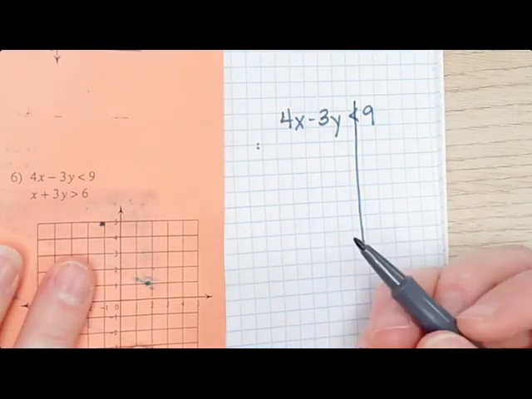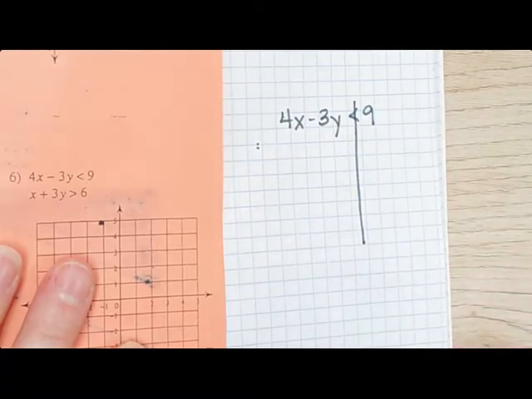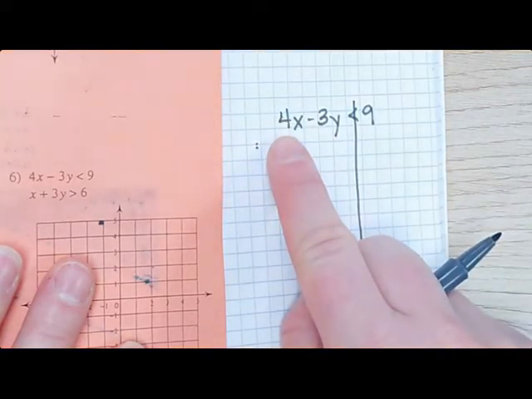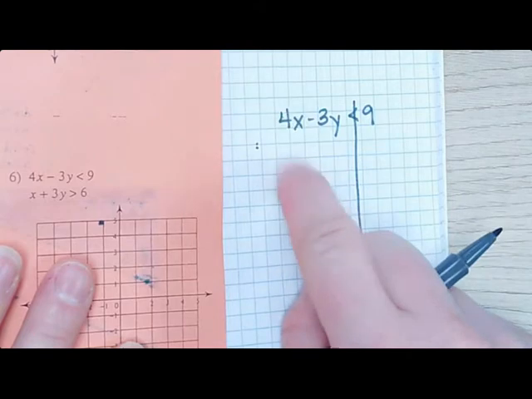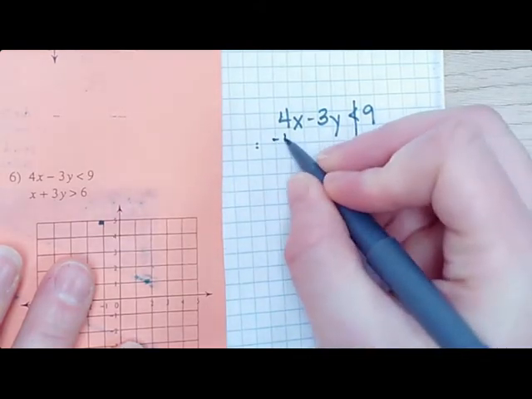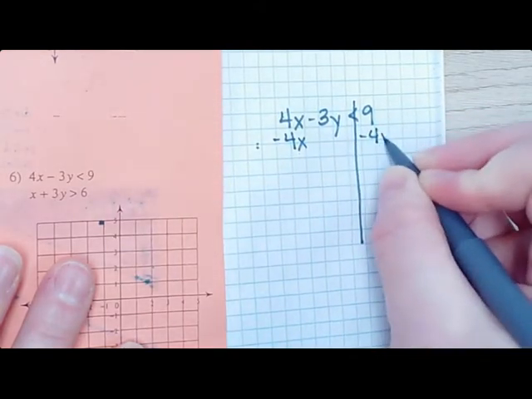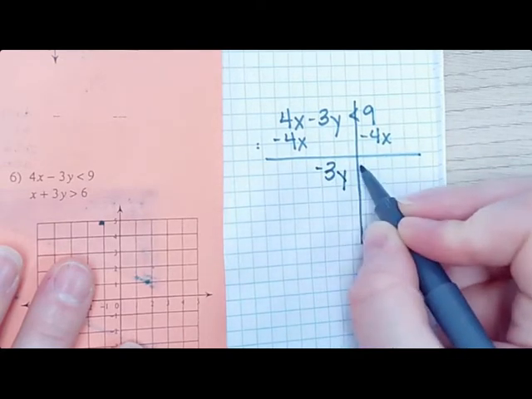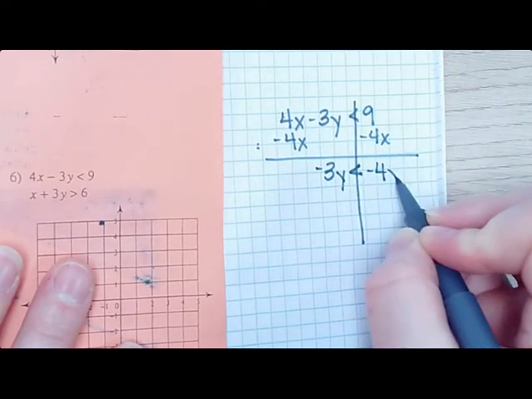Sawyer, what do I need to do first? What is the 4x right now? What sign is it? Positive. So to get to the other side, do the opposite: -4x. So I get -3y is less than -4x plus 9.